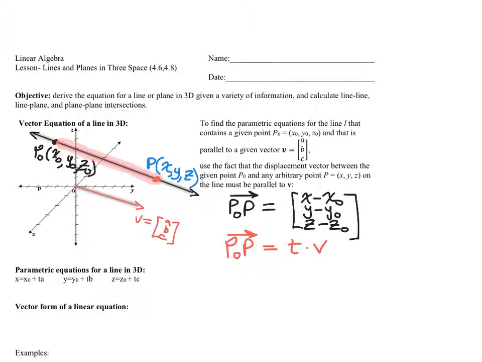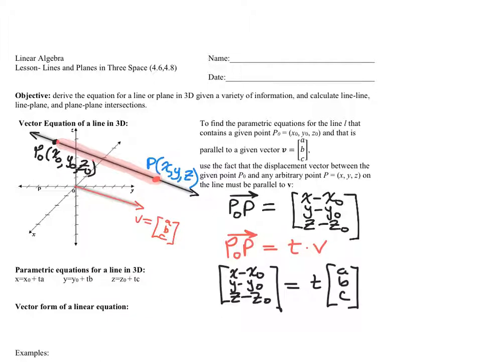And what I get from that is x minus x sub o, y minus y sub o, z minus z sub o is equal to t multiplied by ABC. Because when you're dealing with parallel vectors, the only thing that makes one differ from the other is a scalar multiple.